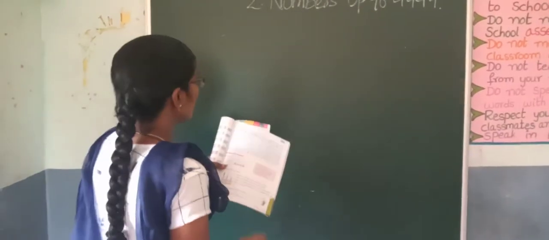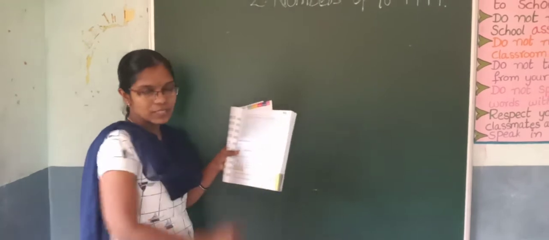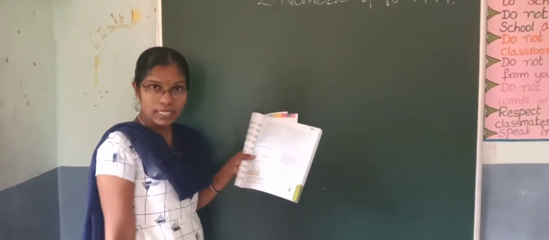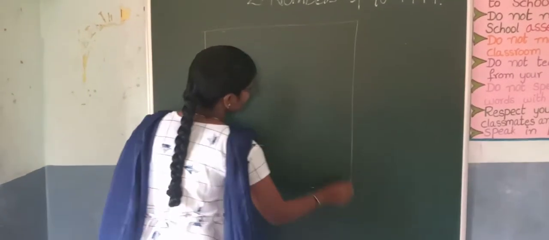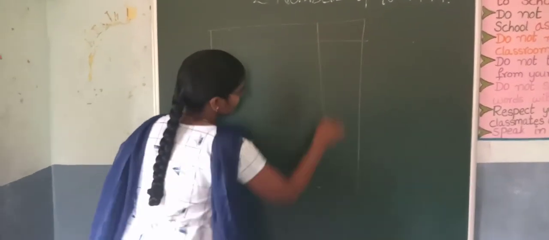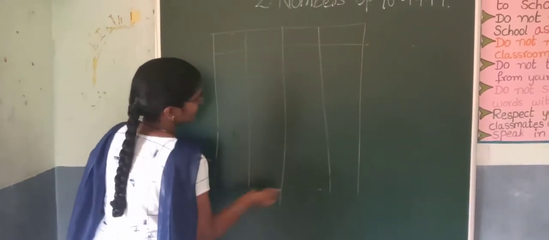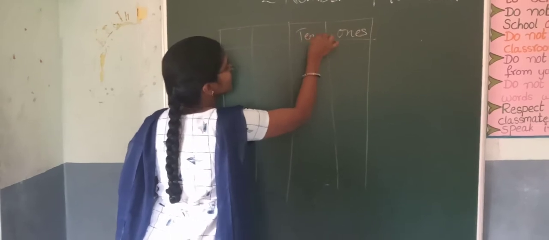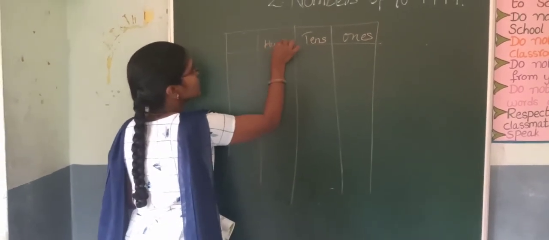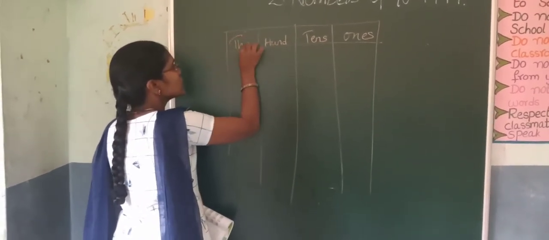Now see here, form the numbers using the place value chart. You know the place value chart already. How will you write the place value chart? Here, ones, tens, hundreds and thousands.